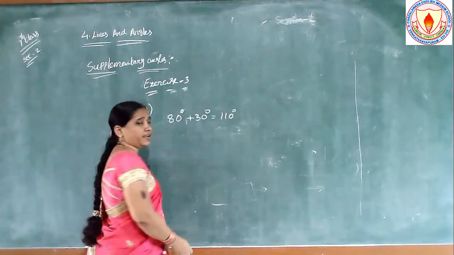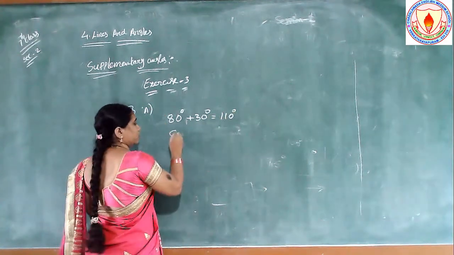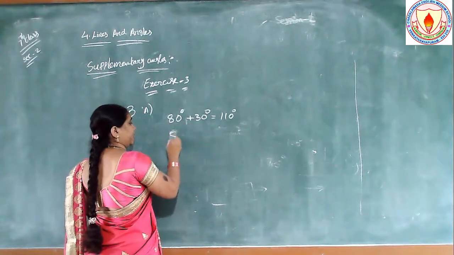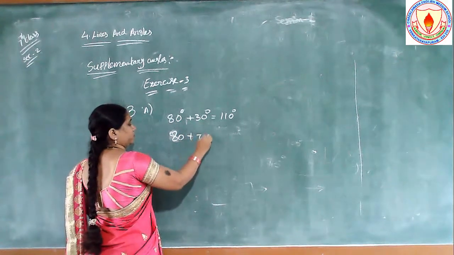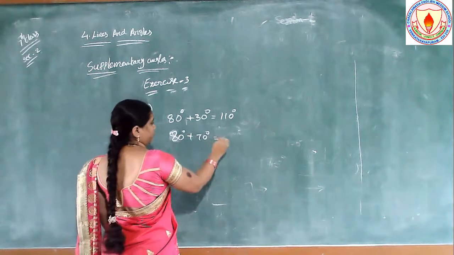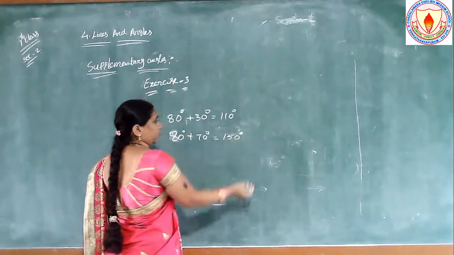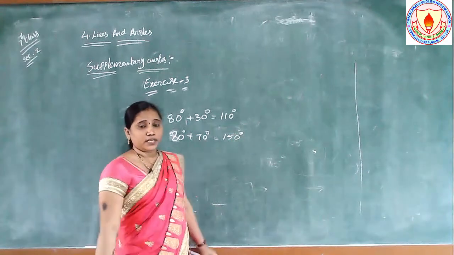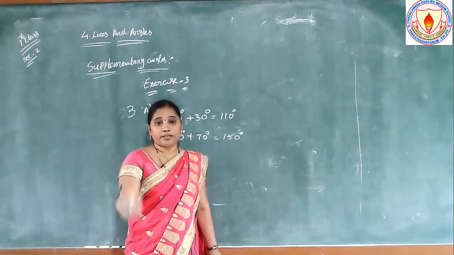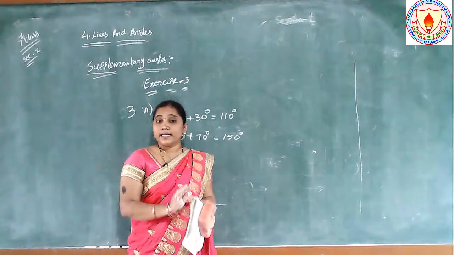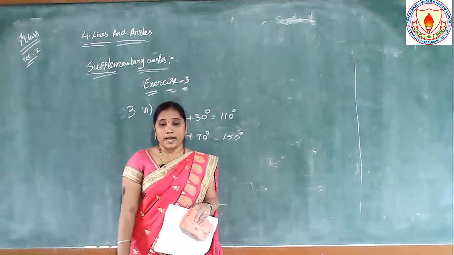Is it supplementary? No. Suppose we take 80 plus 70. That is 150, which also does not give 180. In any situation, if you take two acute angles, they do not form a supplementary angle.